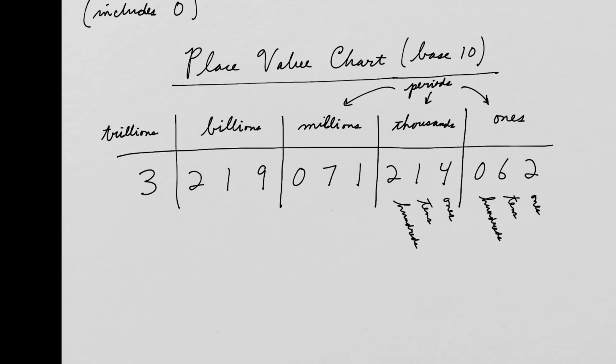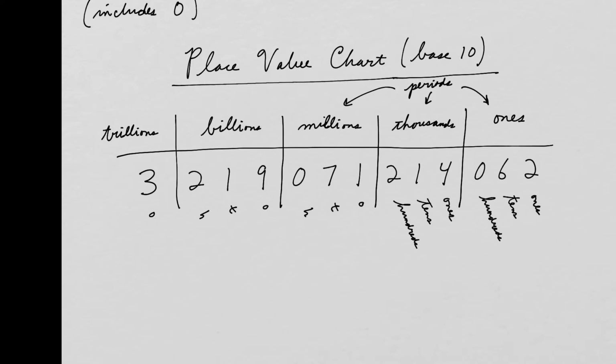Just to save time, I'll write O for ones, T for tens, H for hundreds. Then O, T, H, O, T, H, and so on. So within each period, each group, I have ones, tens, hundreds.